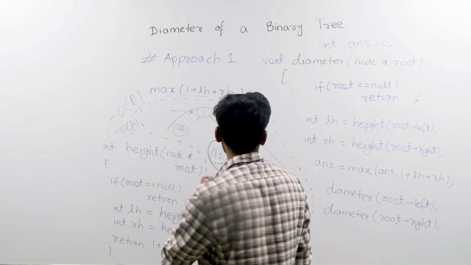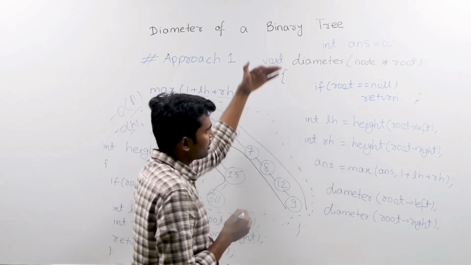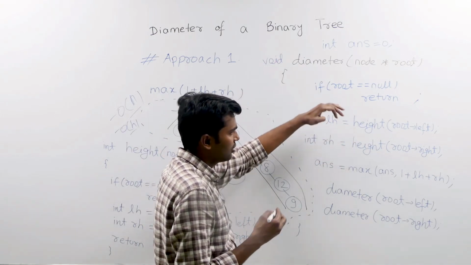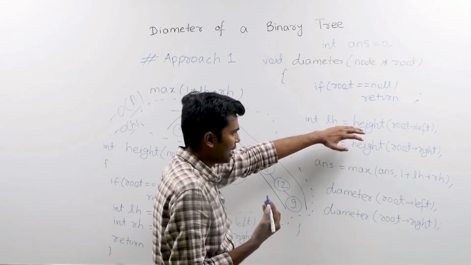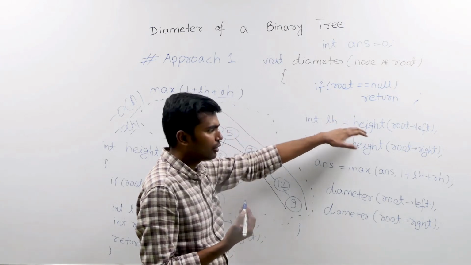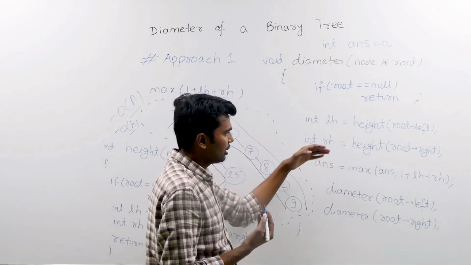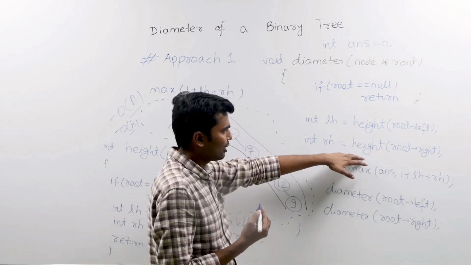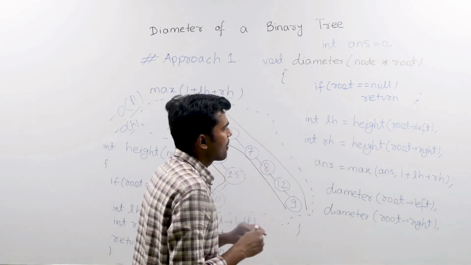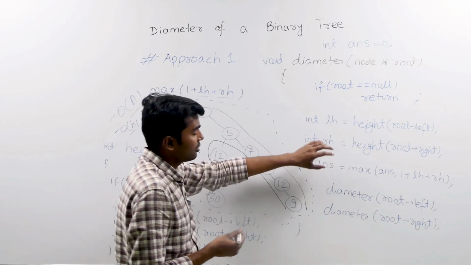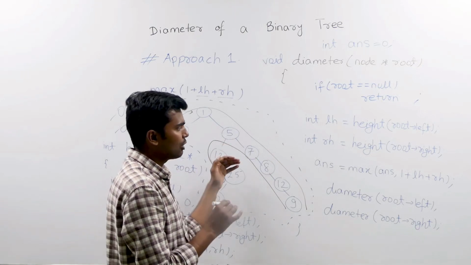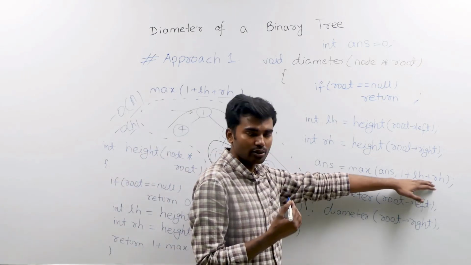Okay, so let's come to the main function, which is the diameter function. We are calculating the height of the left subtree using the height function and storing that value in LH. Similarly, we are calculating the height of the right subtree and storing that value in RH. And as we know, the length of the diameter is nothing but the maximum value of this expression over every node.